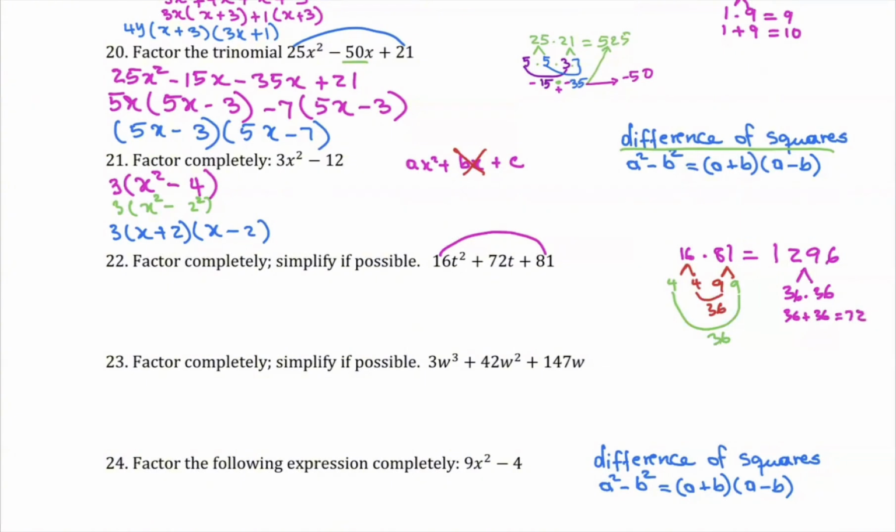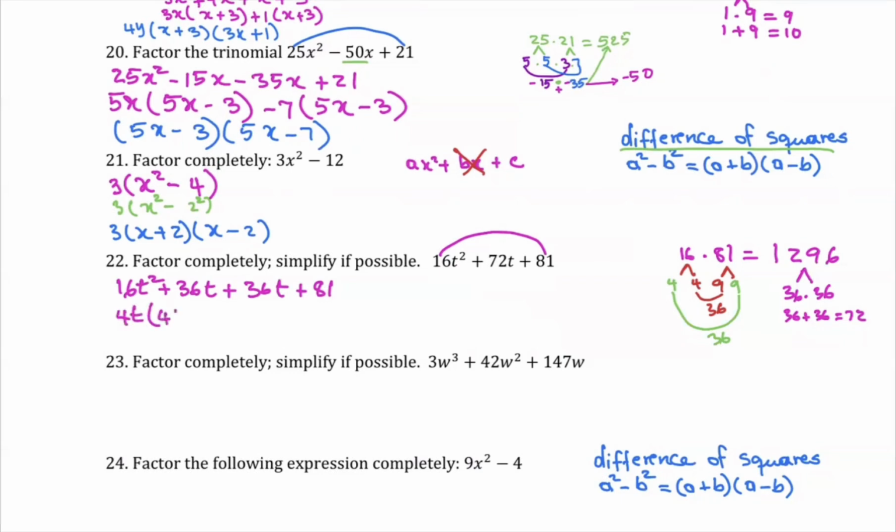Now go back to the equation. I'm going to write 16t squared plus 36t plus another 36t plus 81. Now I can factor 4t out.